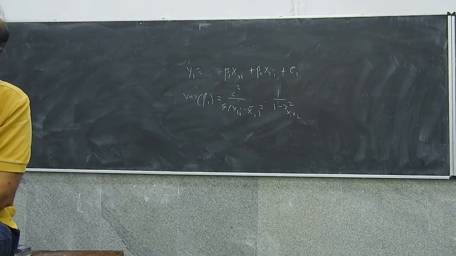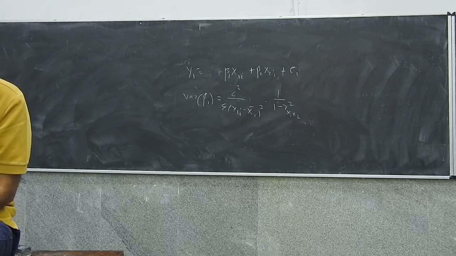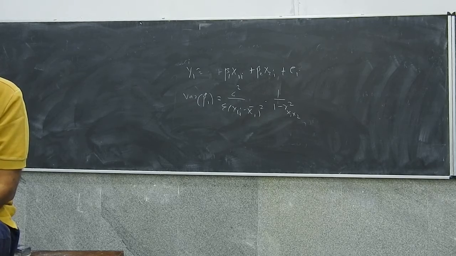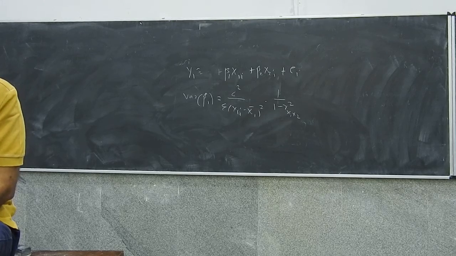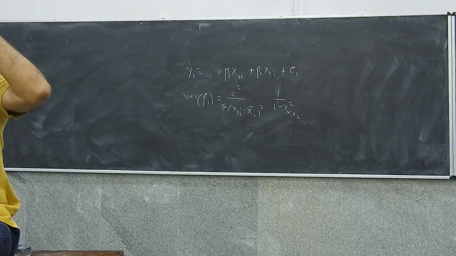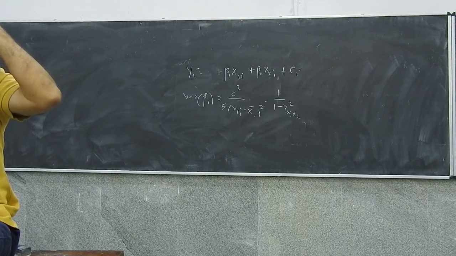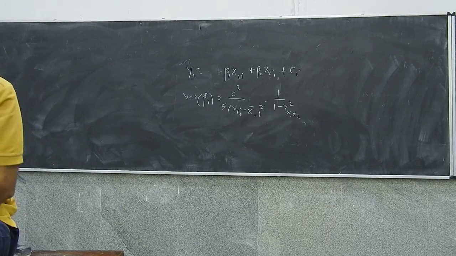So why is the t-value on beta 1 small now? Why would the t-value on beta hat 1 become small when you included x2 in the regression model? When does the t-value become small? When the variance is large.